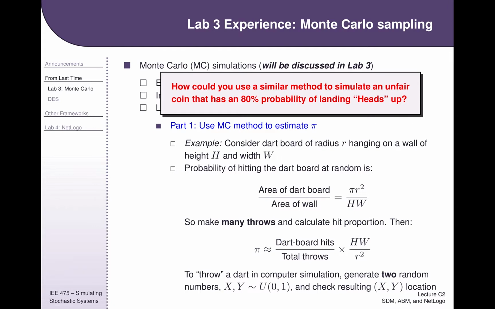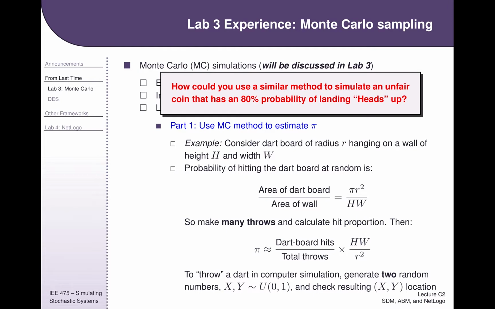Now, of course, it's a little silly to use both dimensions there, so it's easier to just paint a single line, just the horizontal dimension, and paint 80% of it black, and leave the other 20% white. Then instead of throwing a dart in two-dimensional space, you can throw it along that one-dimensional space.